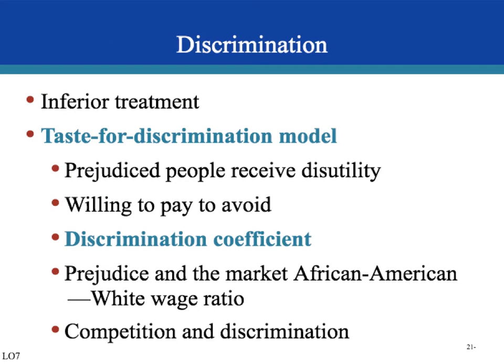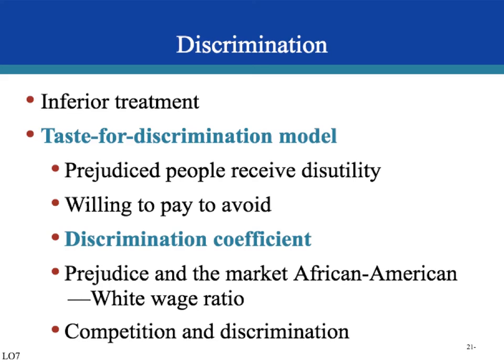Okay, let's talk a little bit about discrimination. What discrimination is at its core is treating someone inferior based on a certain characteristic, whether it be their race, their gender, or some other characteristic the person cannot change.